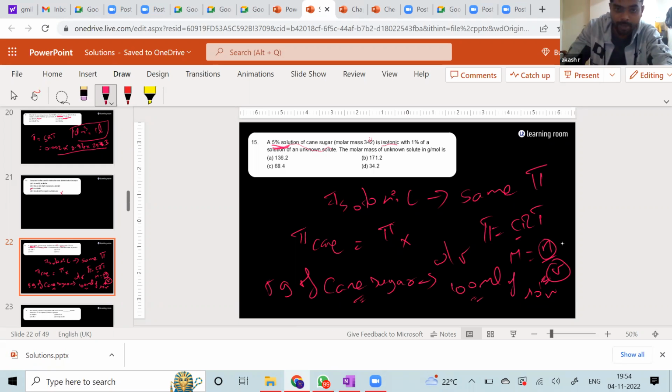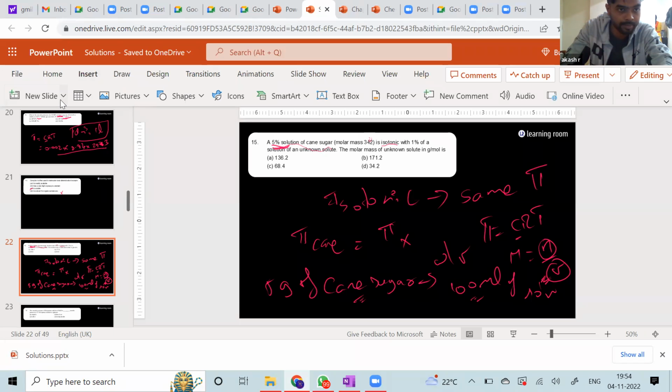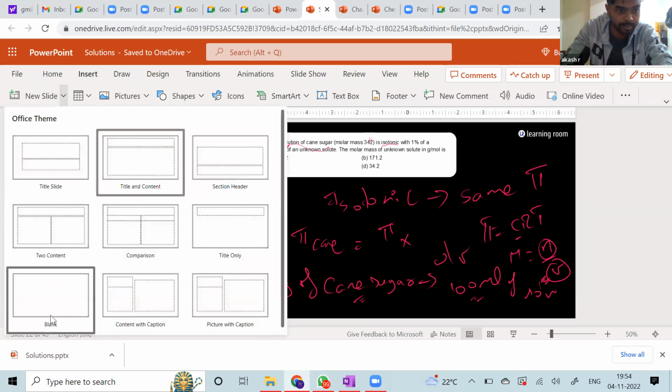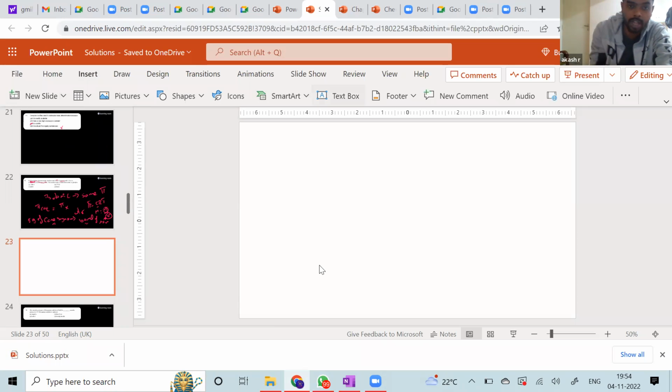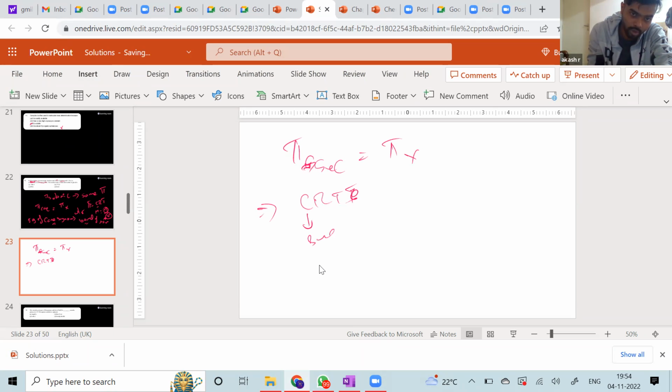Right. Now let us substitute the values here. Let us maybe make a slide. So now I write pi of sucrose, that is nothing but cane sugar, is equal to pi of X. Let us substitute the values now. Pi is equal to C into R into T, where C is the concentration of sucrose.